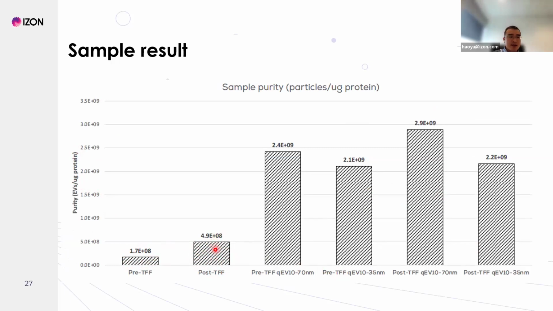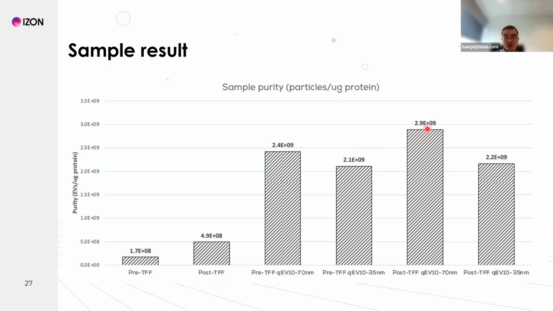So basically, any membrane-based, molecular weight cutoff ultrafiltration method is only a concentrating method. It does not actually give you very pure EVs. But in combination with TFF and the QEV columns, you see the purity reaches E9.